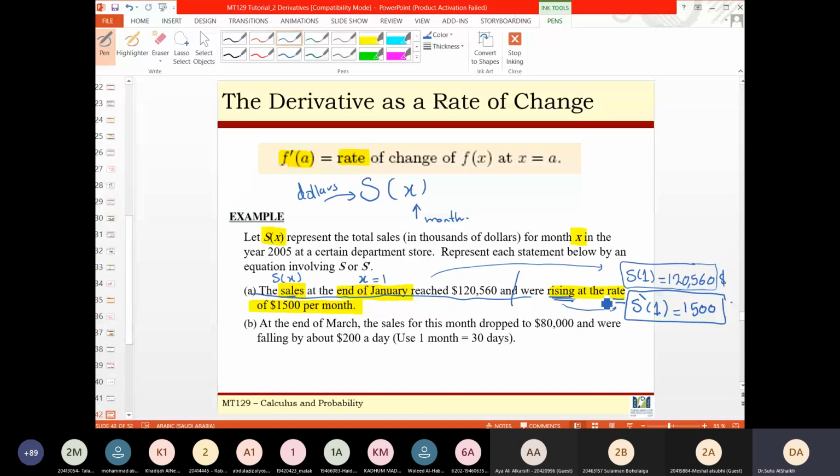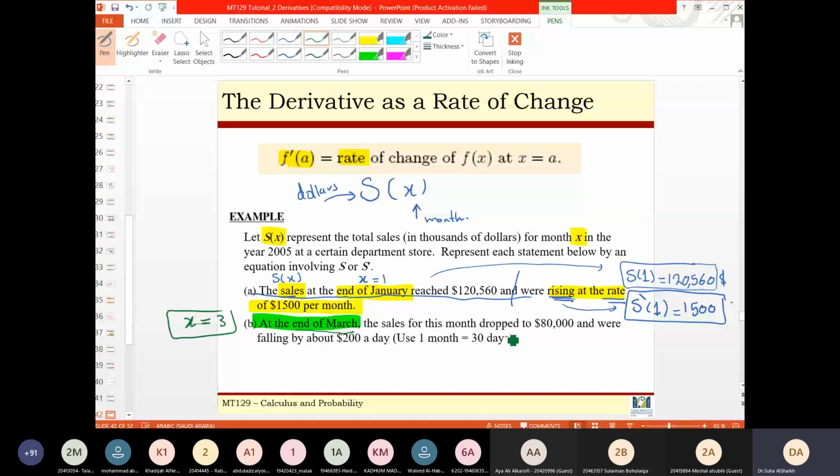Let's check the second one, at the end of March. March means what month? What does the end of March mean? Month 3, right? So I'm talking about X3 in this case, at the end of March. The sales for this month dropped to $80,000.